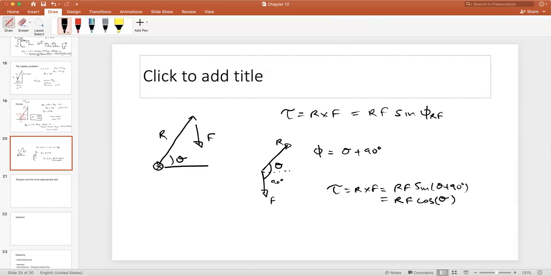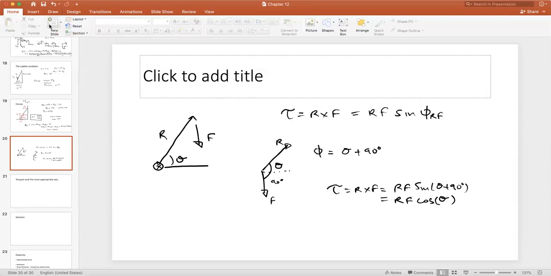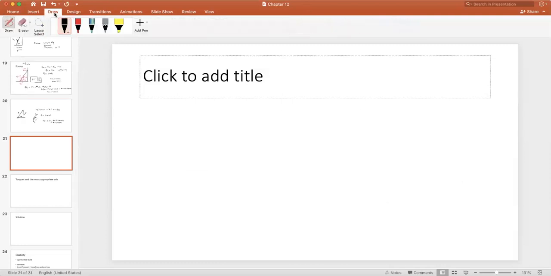What's actually going on here, without worrying about all the math, is something quite simple, and that is a better way to state torque. Torque, remember, is R cross F, which is rF sine of phi.